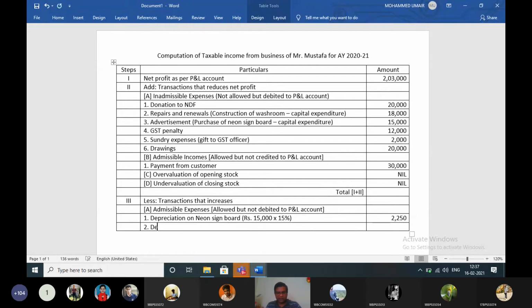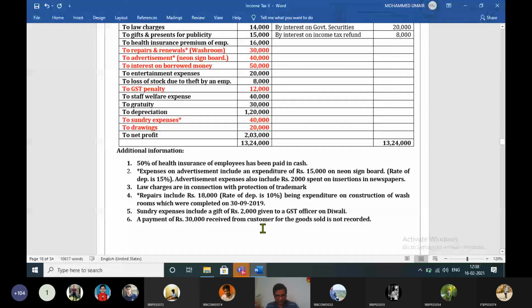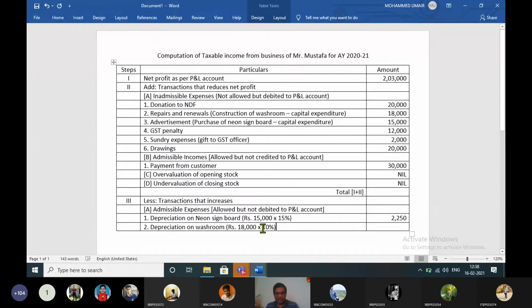Next, we have depreciation on washroom. Washroom is a part of the building. So the amount being spent on this is given here, 18,000. And the rate of depreciation for building is 10%, which is also given.